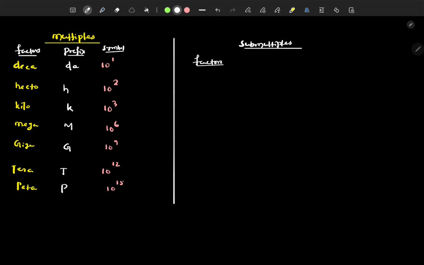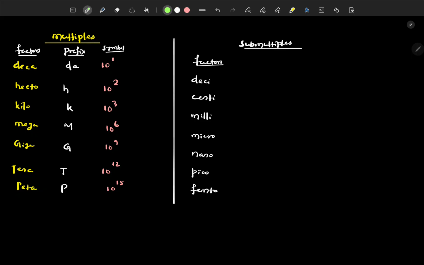Factors are, in case of sub multiples, deci, then centi, then milli, then micro, next one is nano, next one is pico, last one is femto. So many are there. What do you remember? This much.